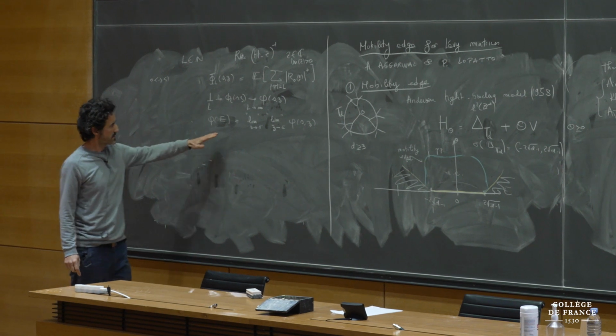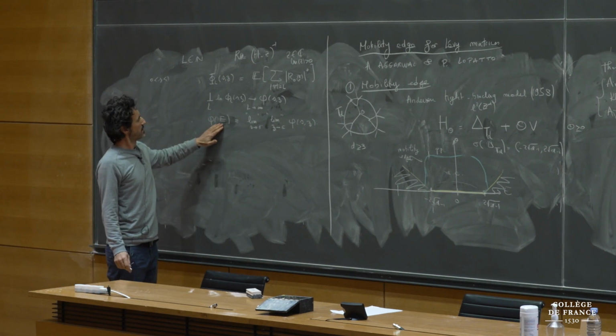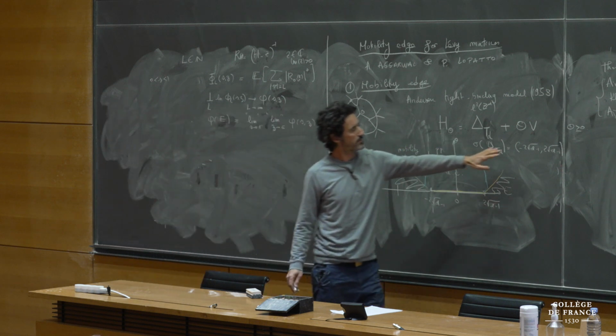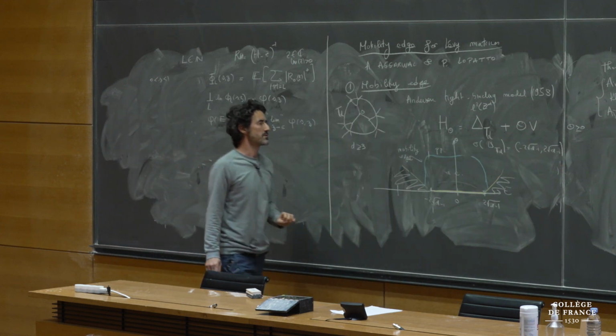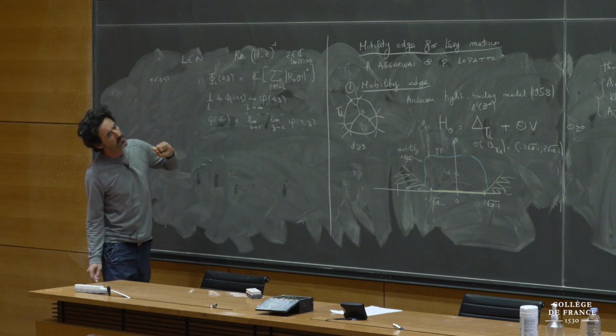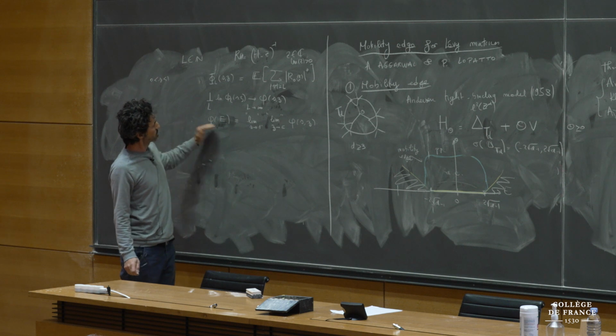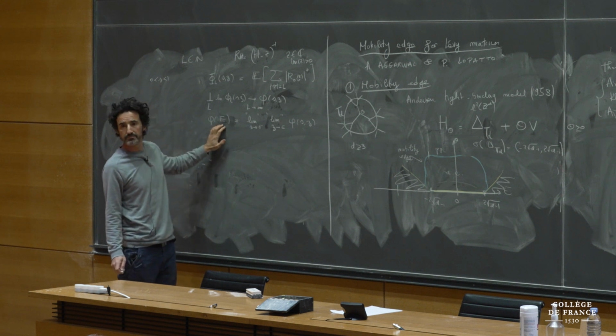Under some assumptions you can prove, for example in this model, if the V are IID uniform, that Aizenman and Molchanov and Aizenman and Warzel tell you that you can define almost everywhere this number.